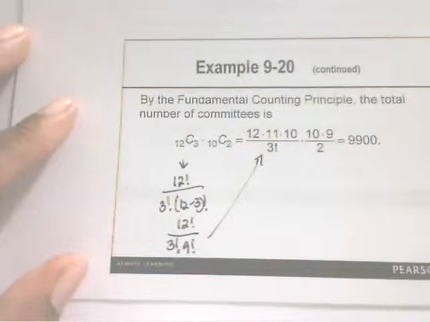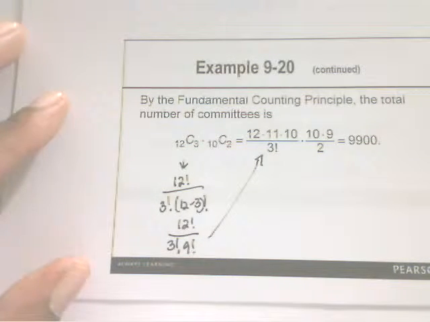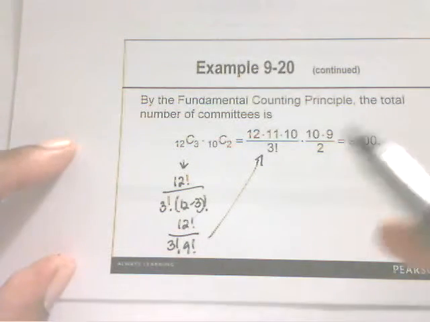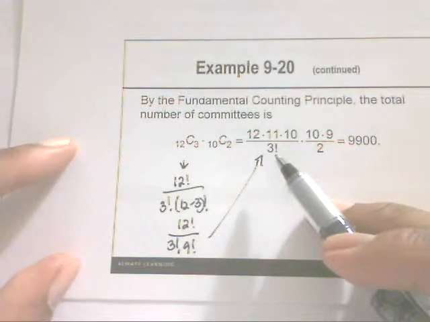As you expand, 12 factorial is 12 times 11 times 10 times 9 factorial, but the 9 factorials divide out, so you're only left with a 3 factorial in the denominator.